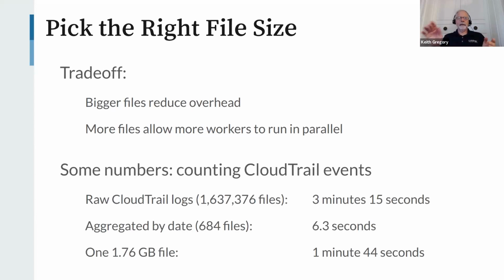And I have an example here from a blog post I wrote a few years ago, with some numbers from counting CloudTrail events. If you're not familiar with CloudTrail, it basically tracks most of your activity in your AWS environment, and it stores events as JSON files in S3. So they're readable from Athena.